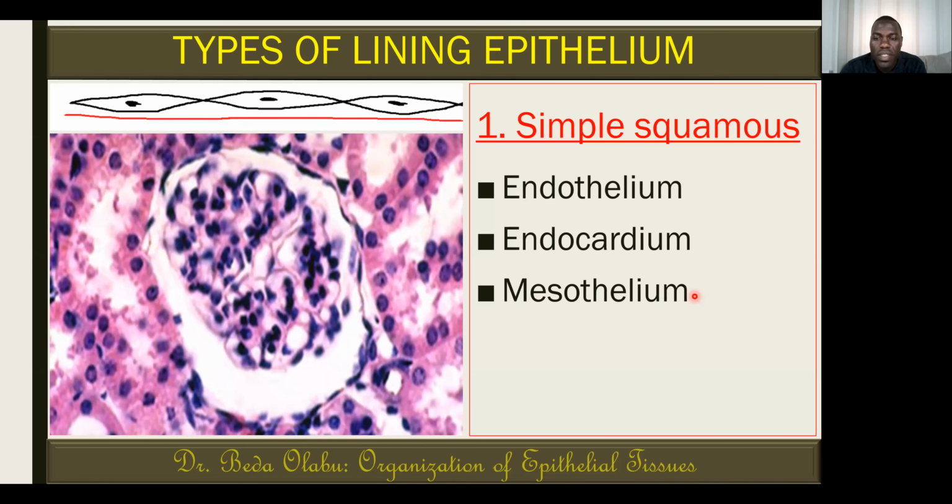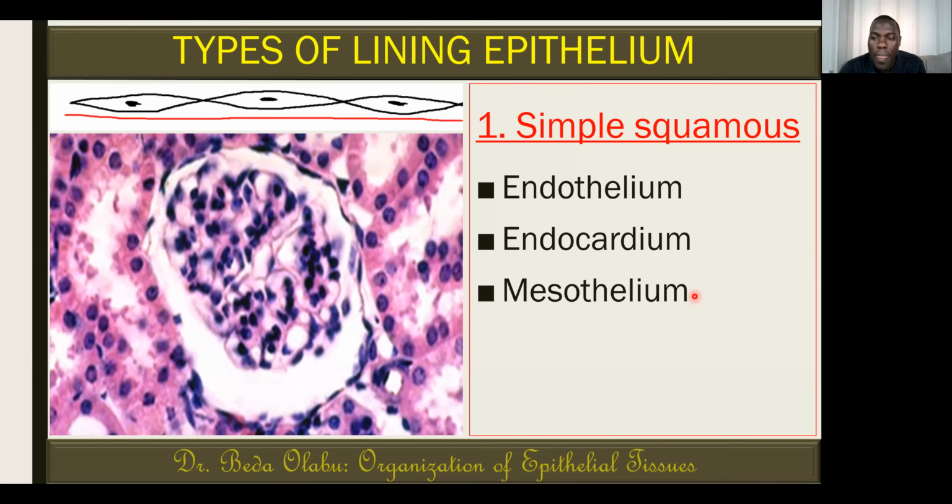The pleural cavity is the cavity around the lungs. The membrane there is called the pleura. So pleura is mesothelium. The third body cavity is what we call the pericardial cavity. The pericardial cavity is the cavity around the heart, and the membrane there is called pericardium.